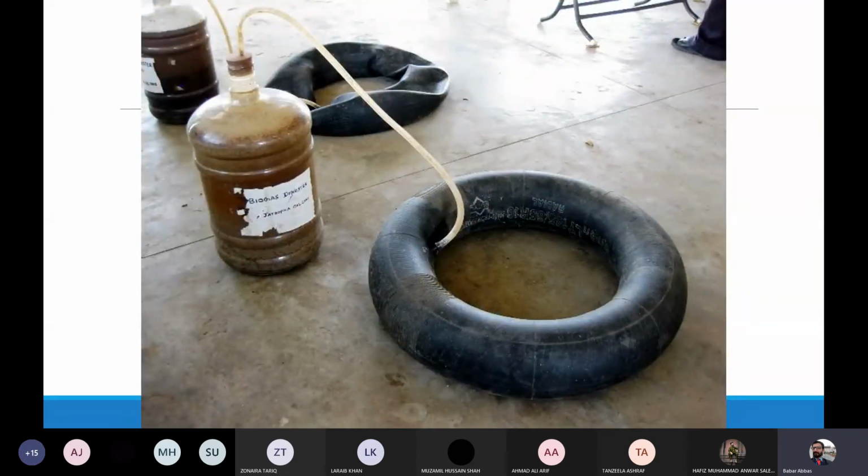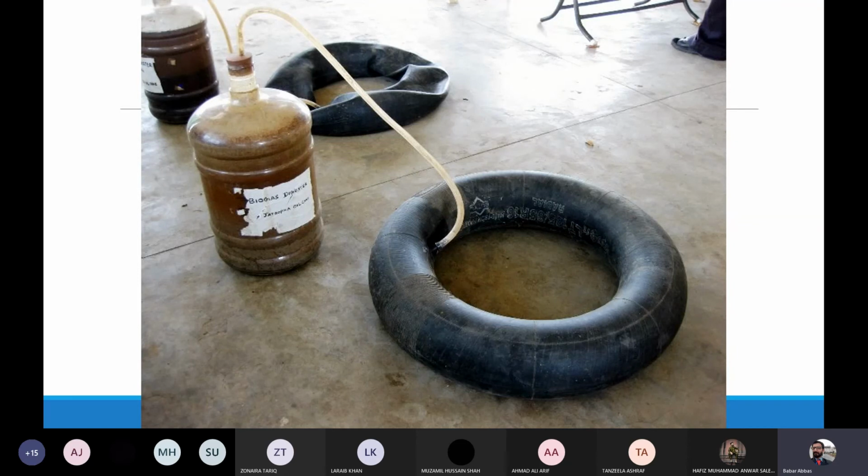This figure is showing the simplest biogas process setup. I have included this system so you can operate it in a very optimum way to conduct your FYP.